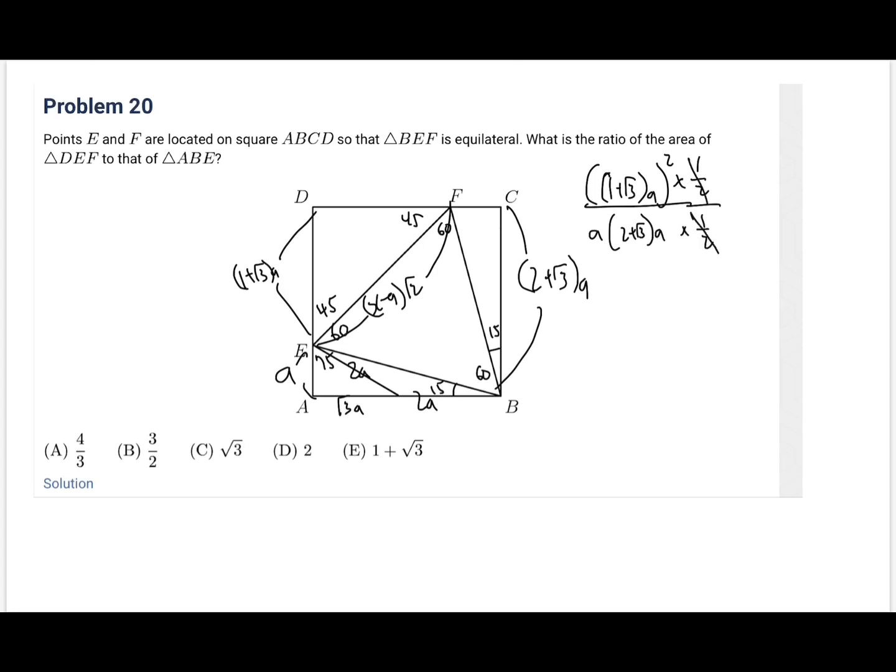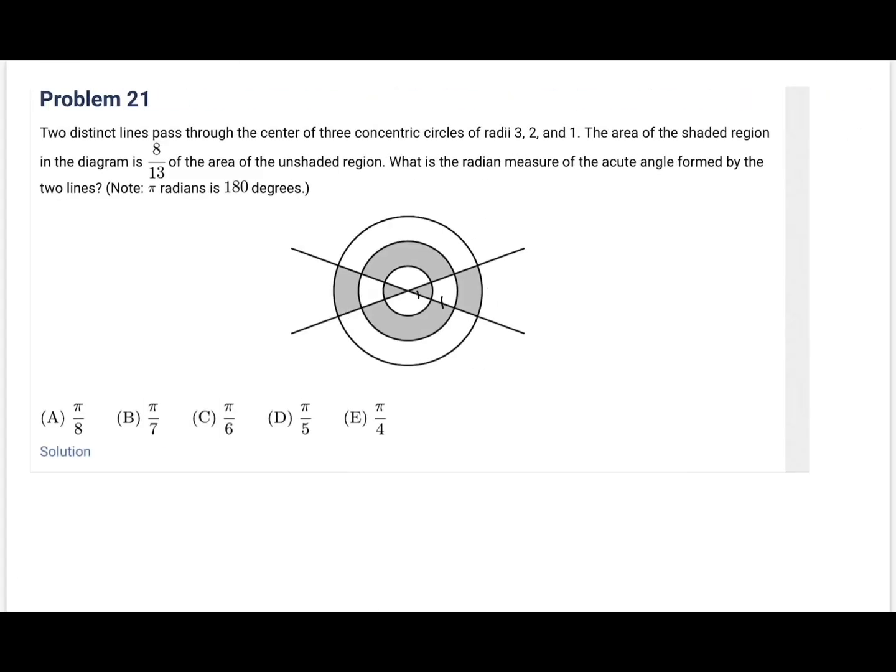So these two are crossed out, and then A squared is also crossed out like that, and so this is 1 plus 3, so it's 4 plus 2 root 3 over 2 plus root 3. This is 2 times 2 plus root 3 over 2 plus root 3, so these two cancel. This would be 2. The answer is D.